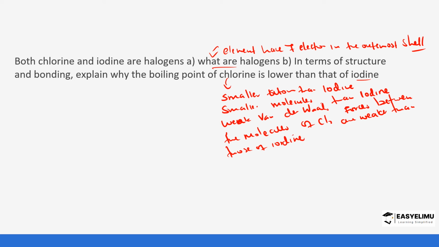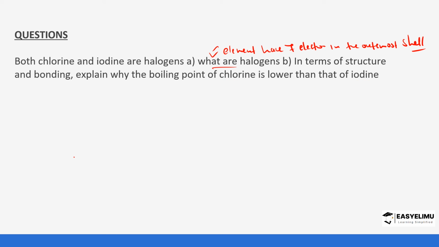So you can say more energy or less energy. In this case, less energy is required to break these bonds in chlorine than in iodine. So it's a small atom, small molecule, weaker van der Waals forces, and then less energy is required. I've just summarized, but you can put it together in a statement.